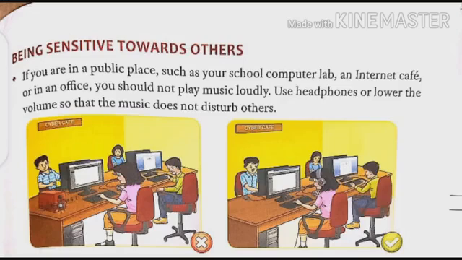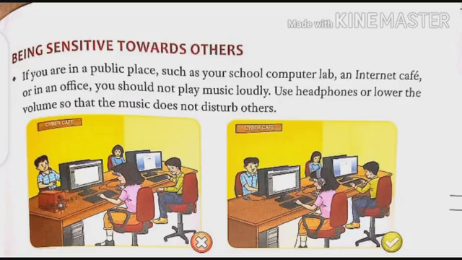So today we have learned some do's and don'ts while using the computer. Always use a clean and dry cloth to wipe off dust or dirt from any part of the computer. We should not eat or drink near the computer. We should always keep our computer room clean. We should always keep our computer covered when not in use. We have learned how we can use the computer gently.